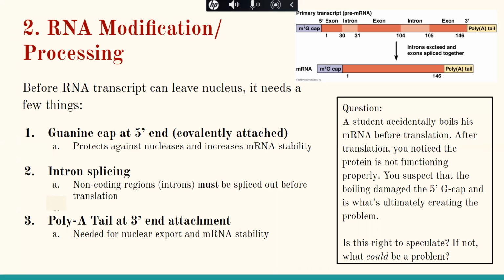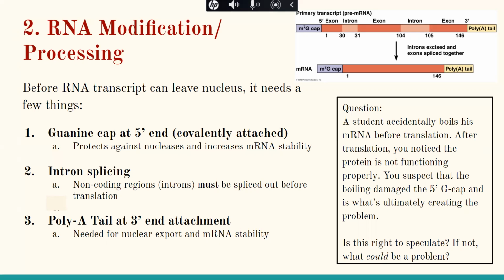After the transcript is made, I don't know if these steps are in order. They're probably not. I think it could happen in any order, but these are essentially the three things that need to happen. The guanine cap needs to be covalently attached at the 5' end. The poly A tail is attached at the 3' end.